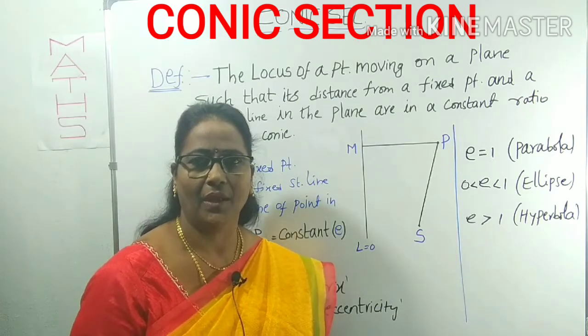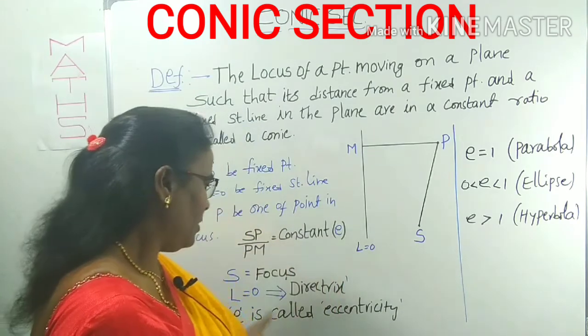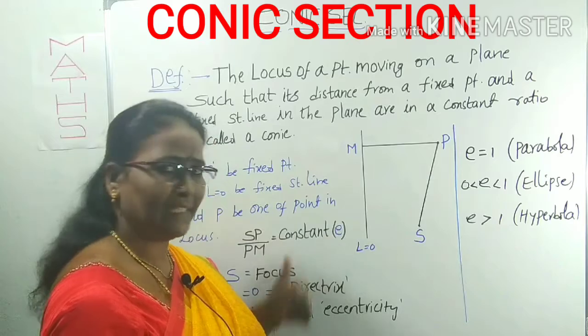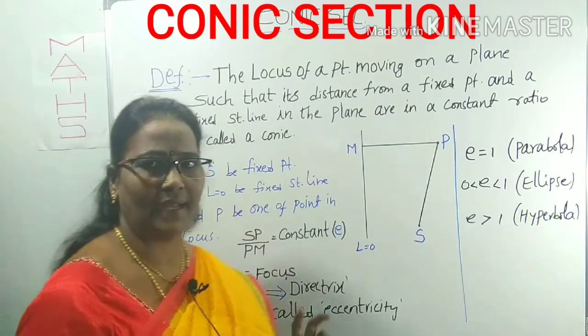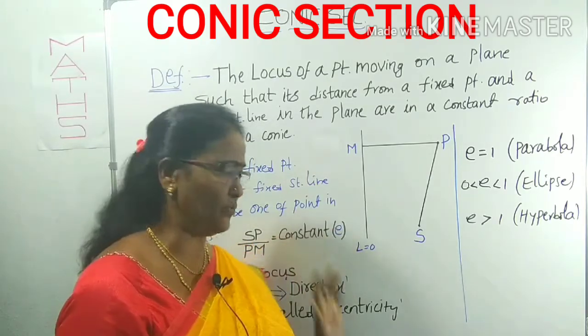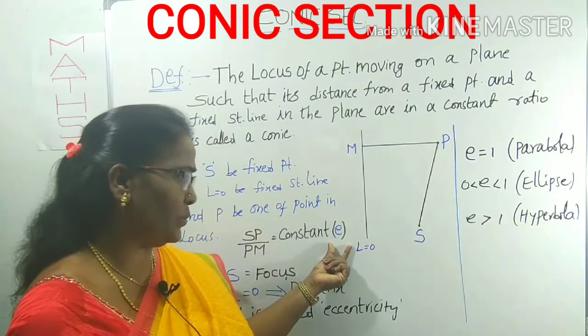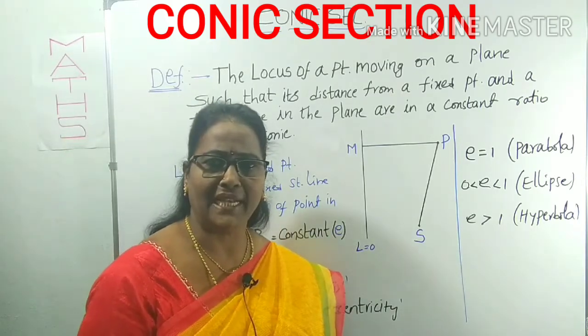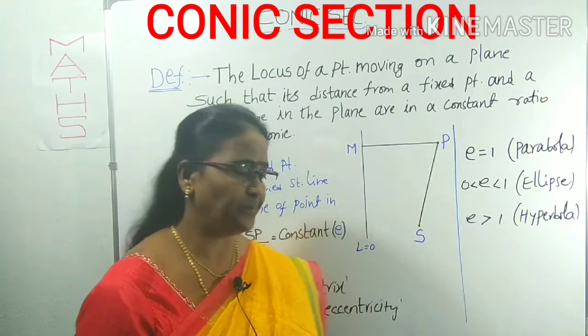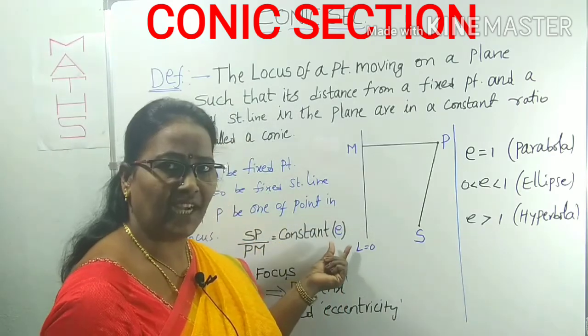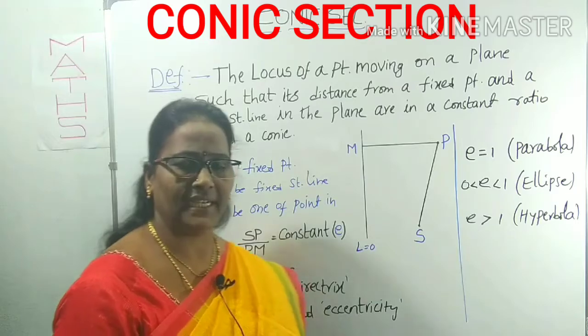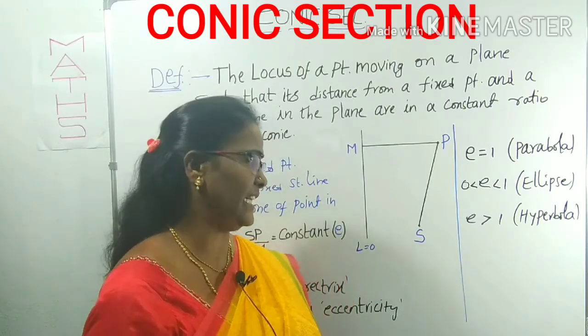It's clear? Now, you know SP by PM is equal to E. You have to know first of all what S, L and E are. Then, depending upon this constant value, the conic becomes three types of curves.